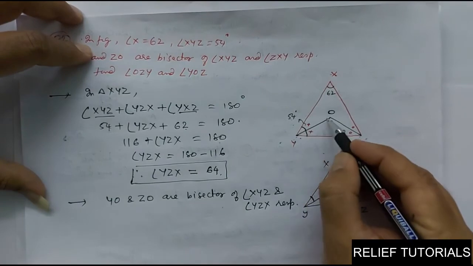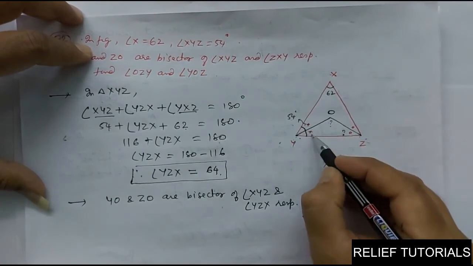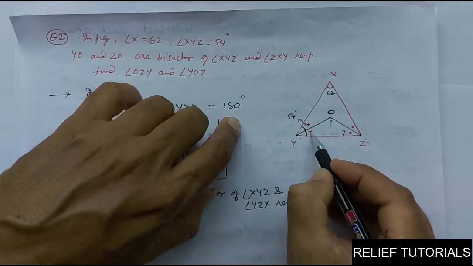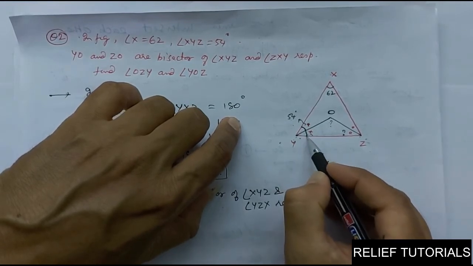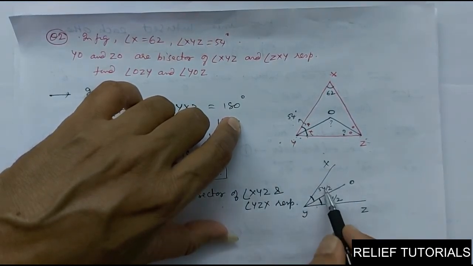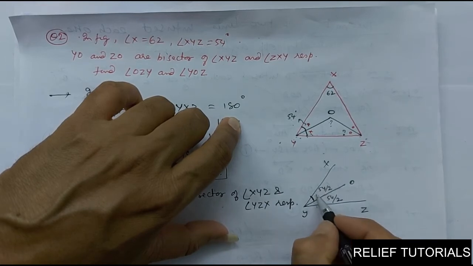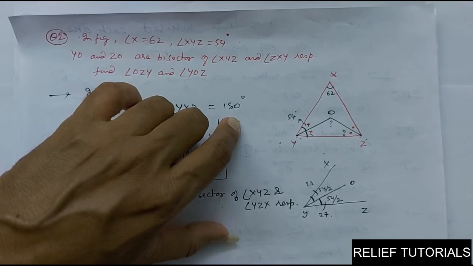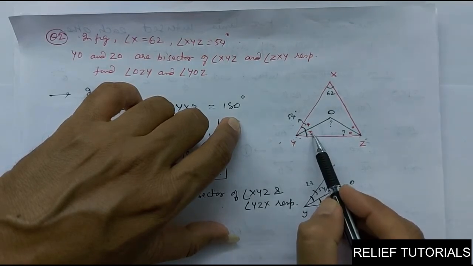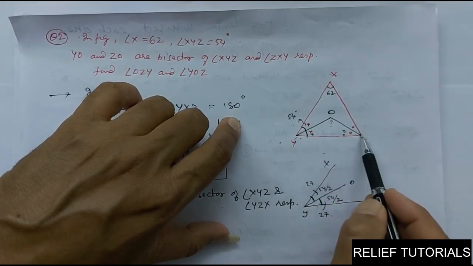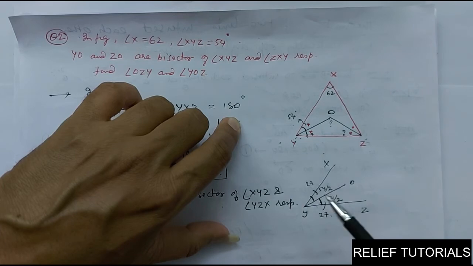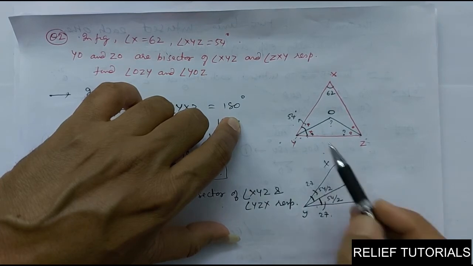A bisector divides the angle into two equal halves. The total is 54, so this will be 54 by 2, that is 27, and this also will be 27. But we are concerned with this angle, because we want to reach this triangle. If we get this angle, we can find the remaining angle.